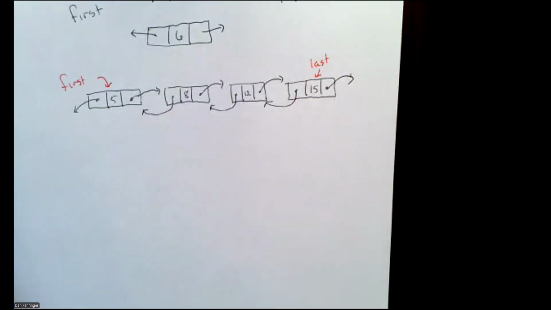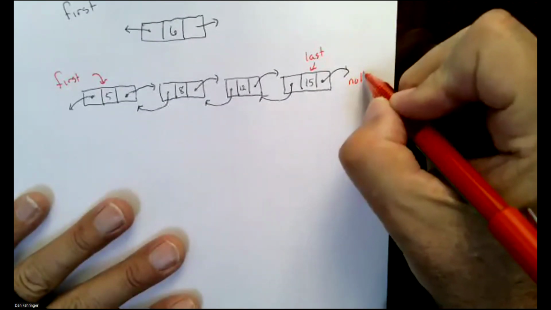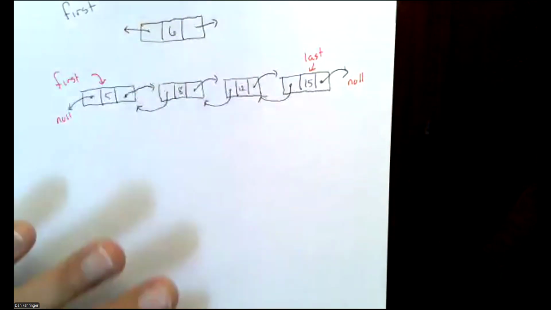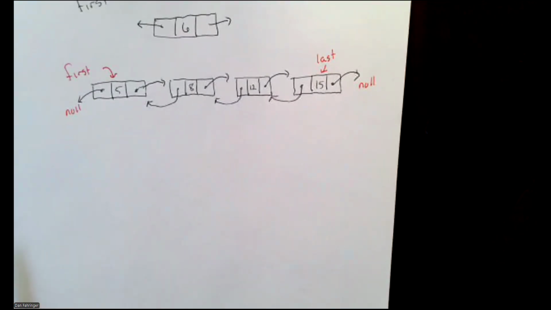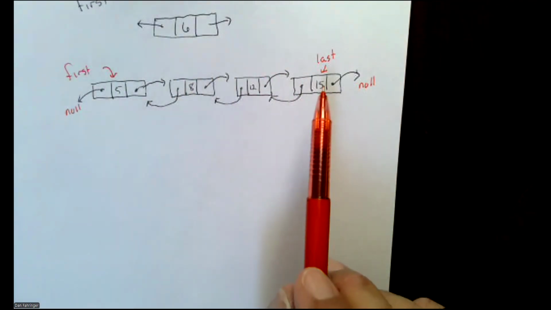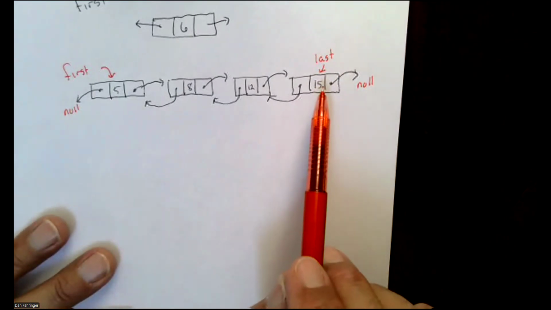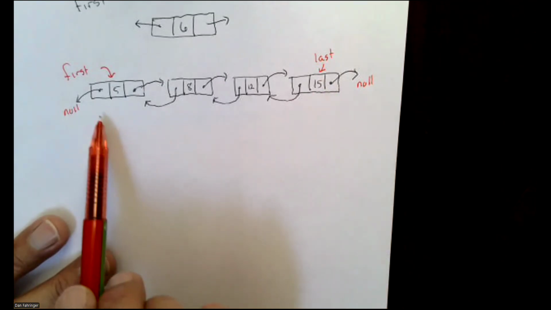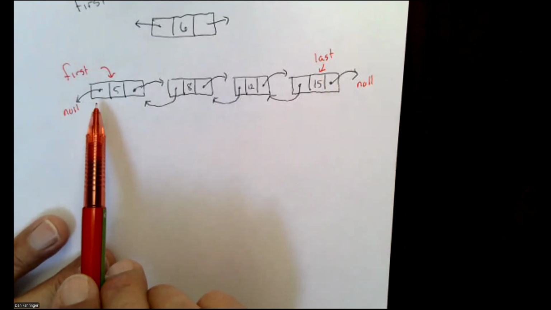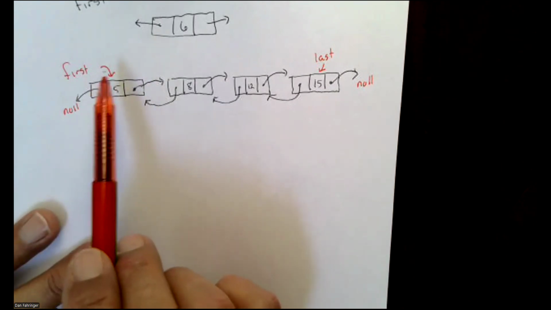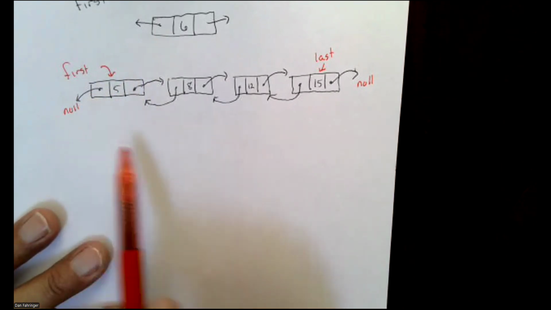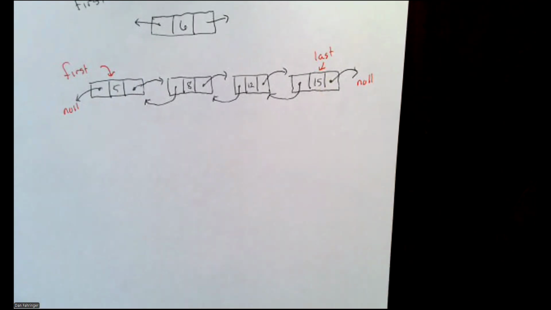This guy has to go somewhere. Where would the logical choices be? Point to null. Yeah, we can go to null. We're good with that. Now, there could be a reason why you're using this layout: last next would point to the same place first points to, and first prev could point to the same place last points to.